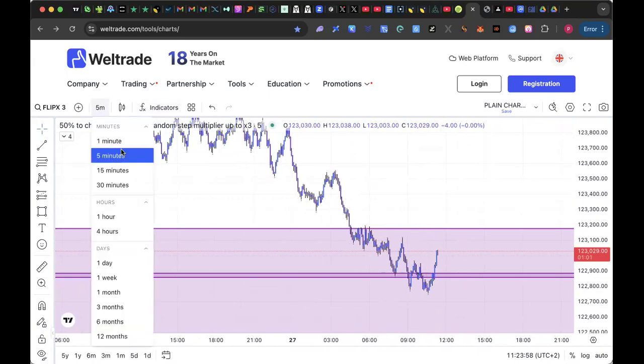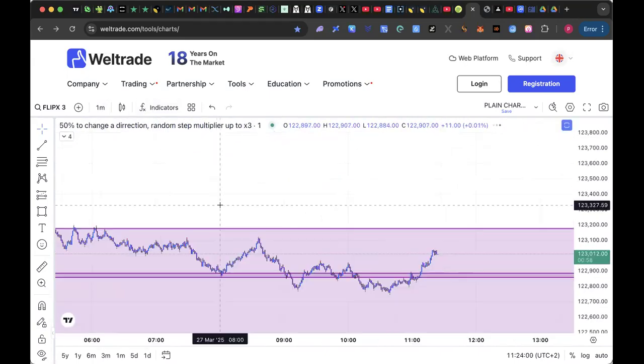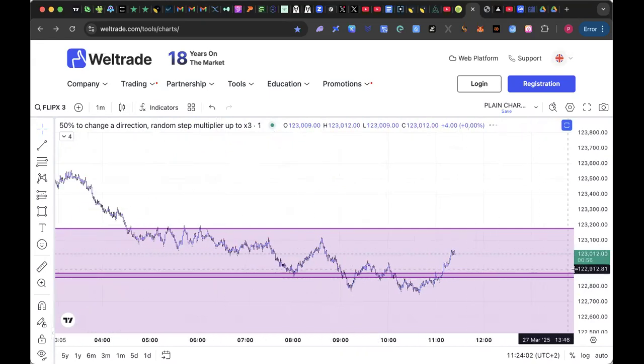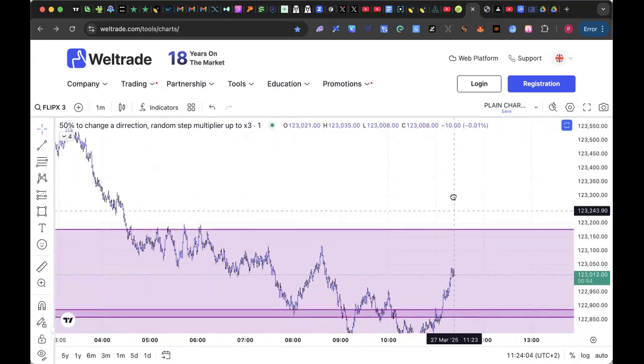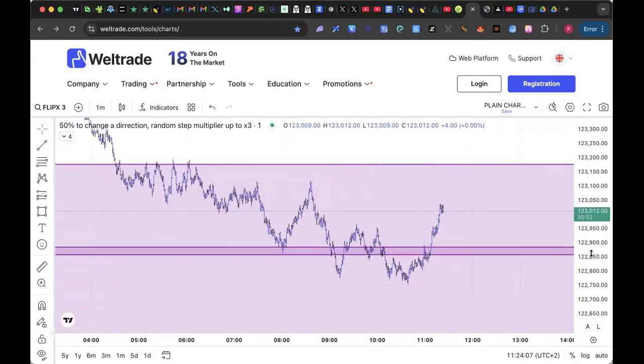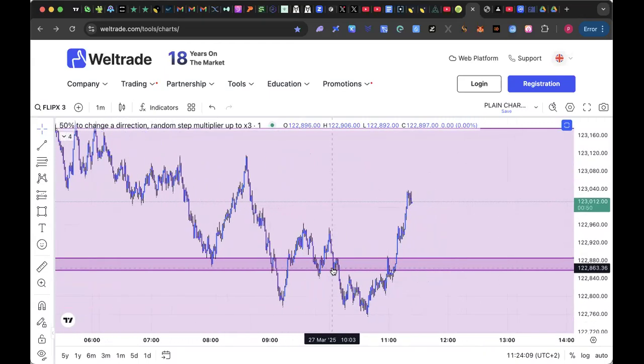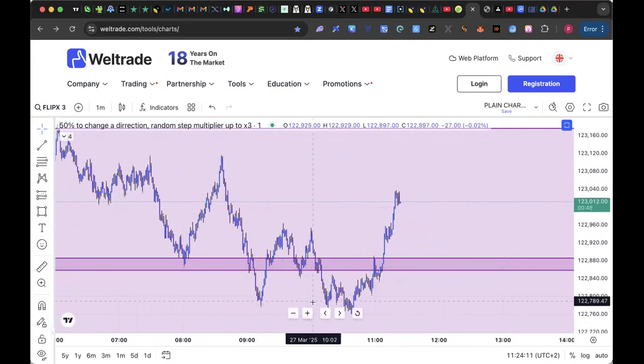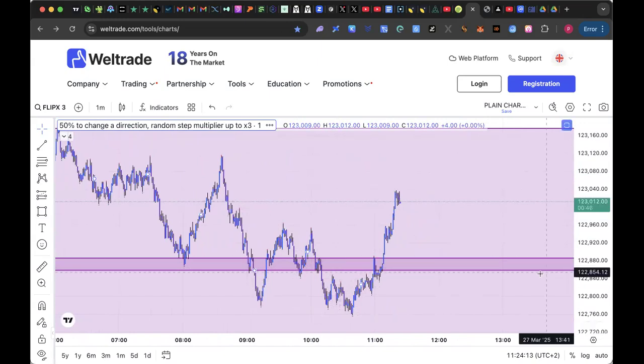If you go down to 1 minute, it's still the same. Has he actually created what you wanted? Remember, you are not trading on this 1 minute. You're only looking at the market structure shift, which has actually happened, right? Because where is the lowest?